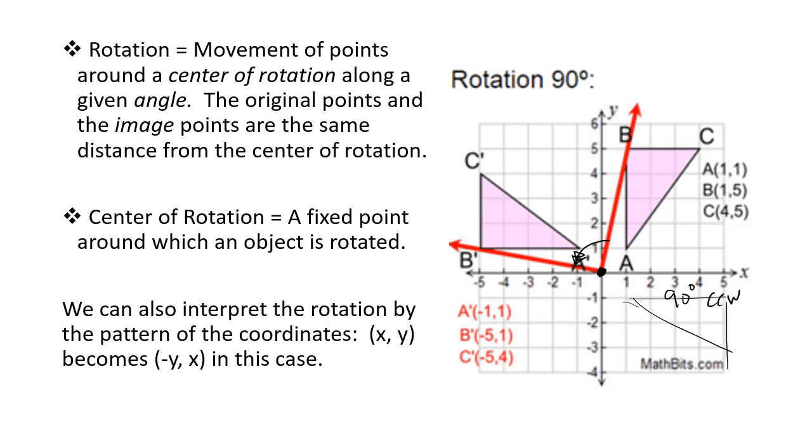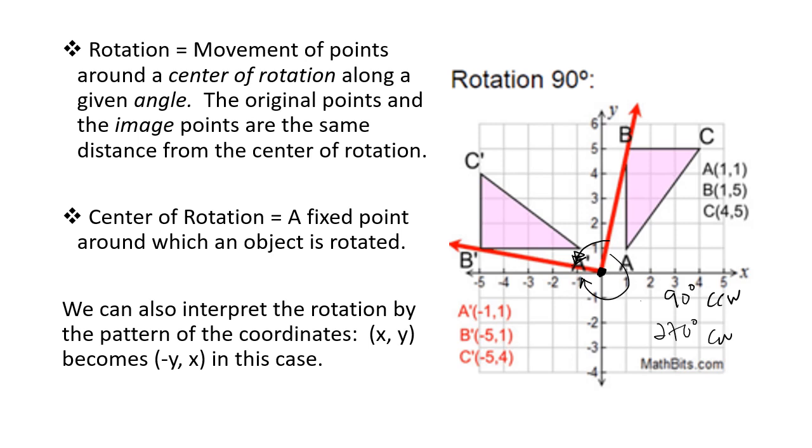So clockwise versus counterclockwise obviously makes a big difference as to where the shape is going to end up. I could also say that this is a 270 degree rotation clockwise, rotating it around this way. That would work also. So there's more than one way to define this angle, but no matter how we define it, we should end up with the same shape either way.